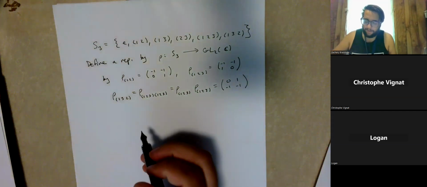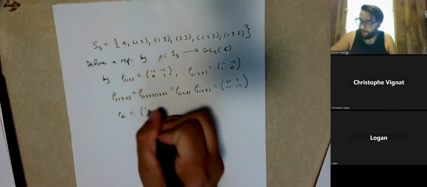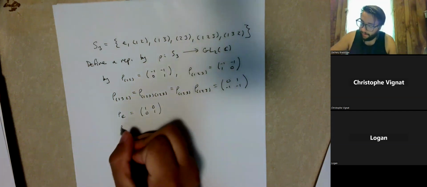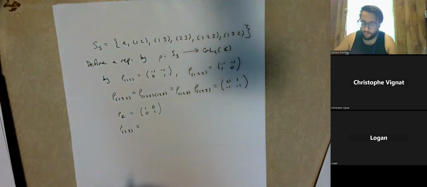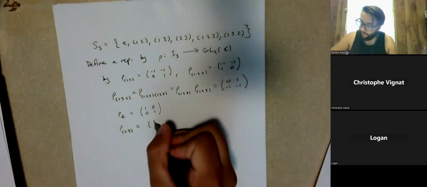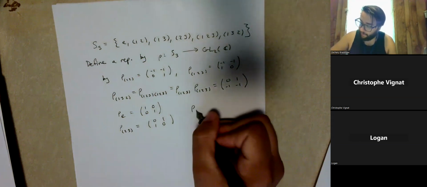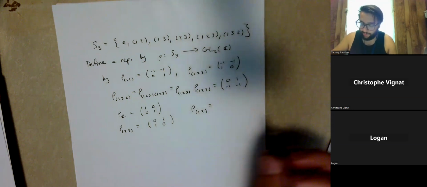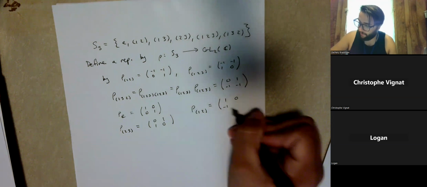So I do the same thing for all the other elements. Well, the identity always gets sent to the identity because rho is a homomorphism. And I can write rho of (2 3) as rho of (1 2) times rho of (1 2 3). And that will come out to [[0, 1], [1, 0]]. And rho of (1 3) I can write as rho of (1 2) times rho of (1 3 2), which will come out to [[1, 0], [-1, -1]].